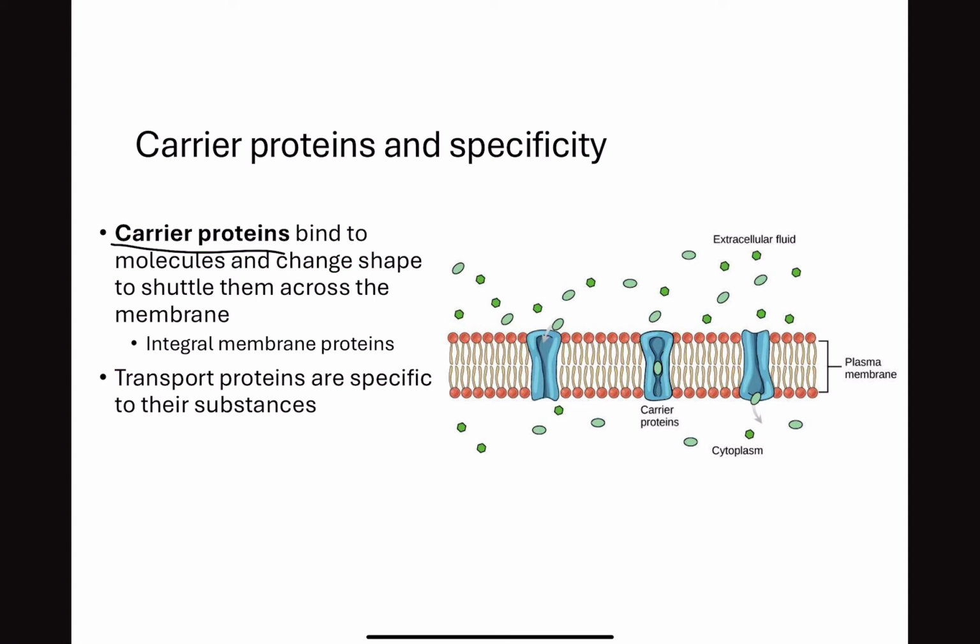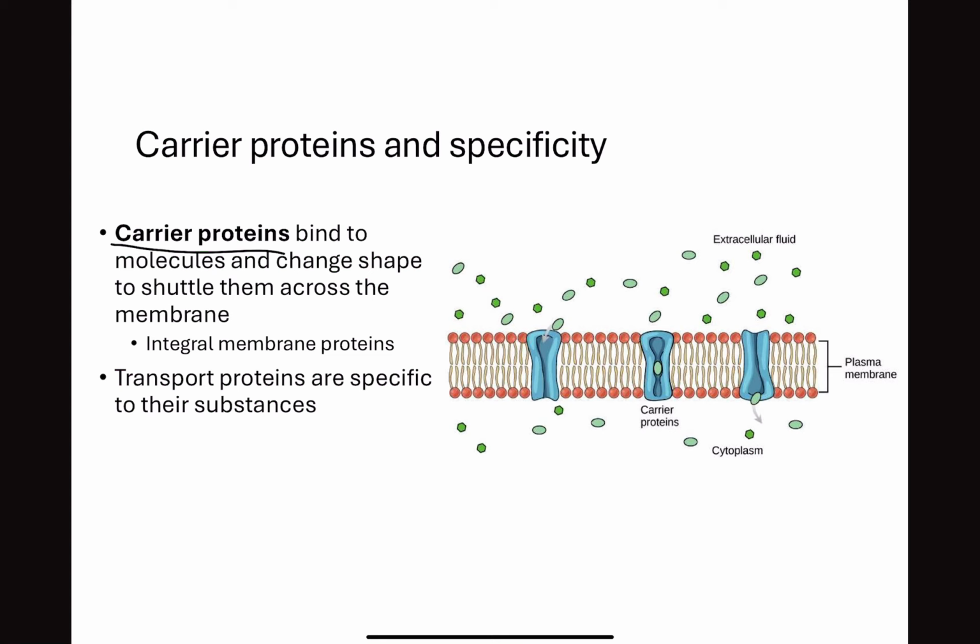For example, the glucose transport protein in the liver carries glucose into the cell, but it does not transport fructose. If you remember, fructose is a structural isomer of glucose, but the transporter is really selective in that way. That glucose transporter causes glucose to pass through the membrane 50,000 times as fast as it would diffuse on its own.